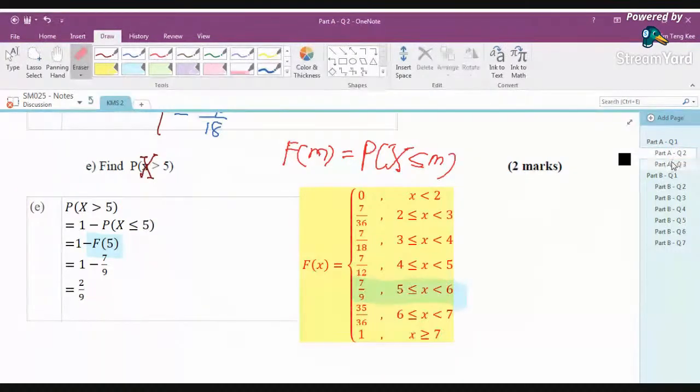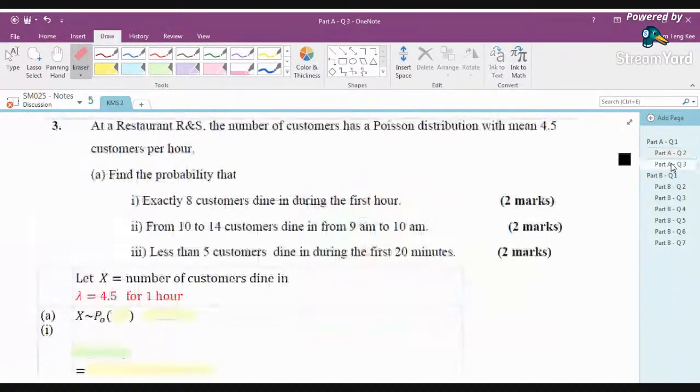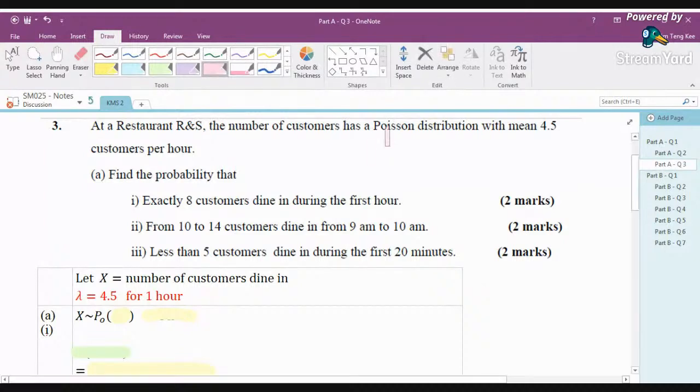Continue. We go for part A, question number 3. In this question, they told us that at a restaurant R and S, the number of customers has a Poisson distribution with a mean of 4.5 customers per hour. So they already told us it follows a Poisson distribution.